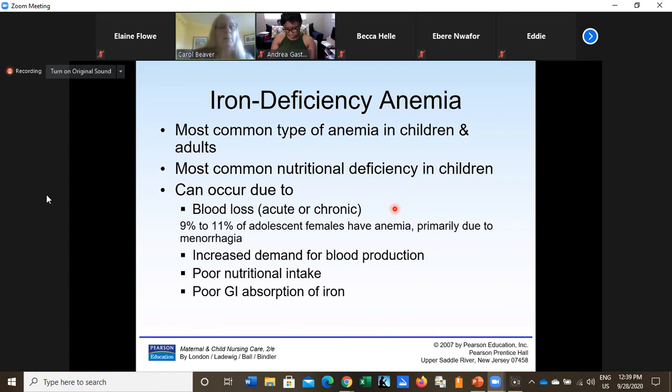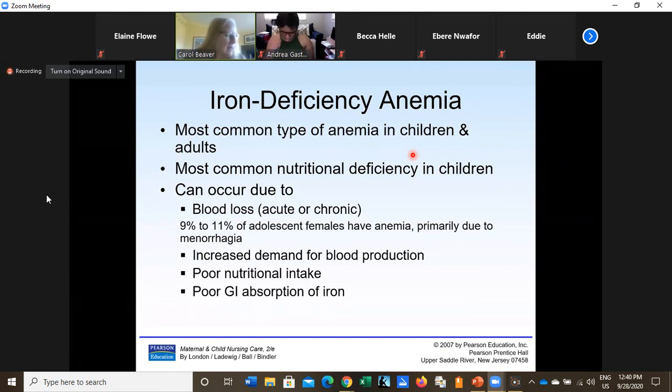So with blood loss, 9 to 11% of adolescent females have anemia, but primarily due to menorrhagia. I'm not really sure how you're supposed to say that, but anyway, they have really heavy periods. And that's causing them to have more blood loss than they're able to keep up with.